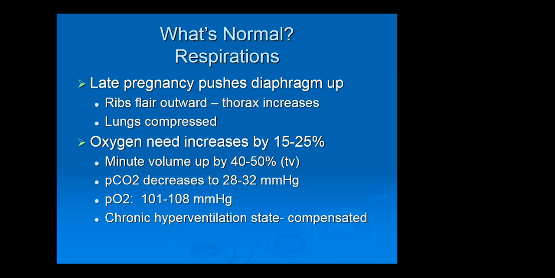Roughly a 10-point difference there. We normally shoot for the 100 mark, so they could be 108, which means if they're now at 90, they're significantly more hypoxic than what we would expect in a normal patient.